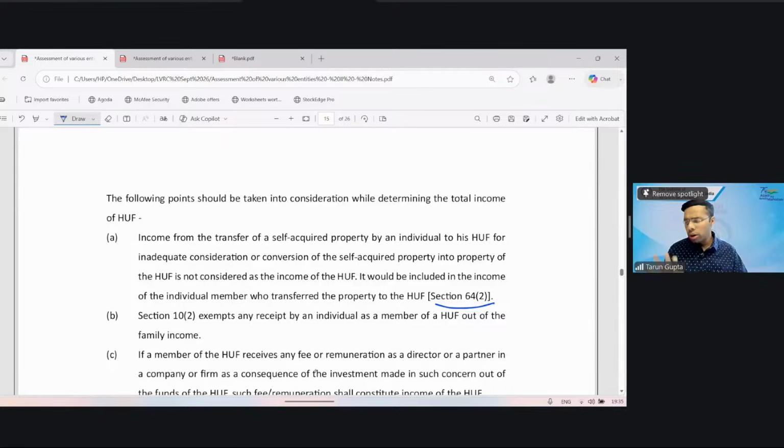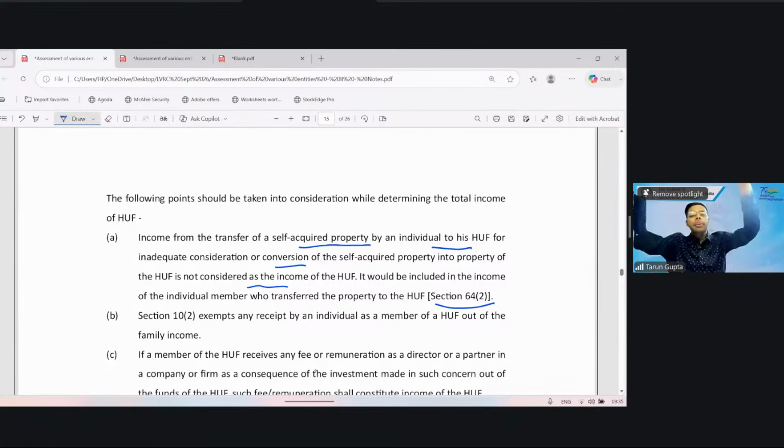So income from transfer of self-acquired property by an individual to his wife, or to his HUF, for inadequate consideration is not considered income of the HUF.